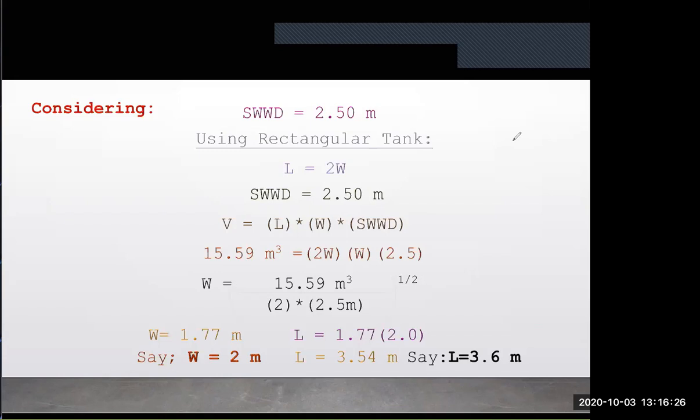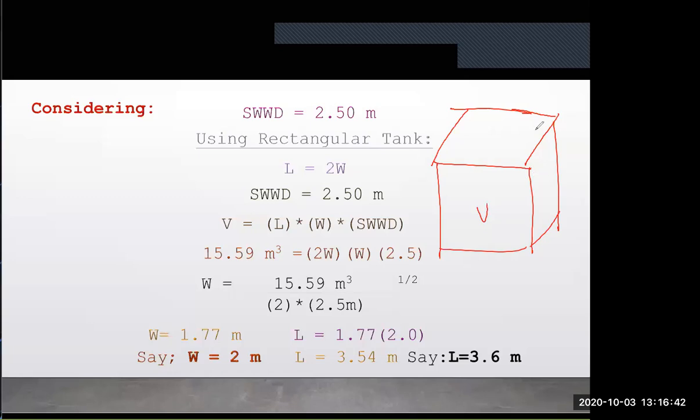Okay, so how do we get the volume? Or how do we get the dimensions? It's the same. So this is now the volume of your tank. You are given that one. So you assumed a depth that is now equal to 2.5 meters, not accounting for your freeboard.